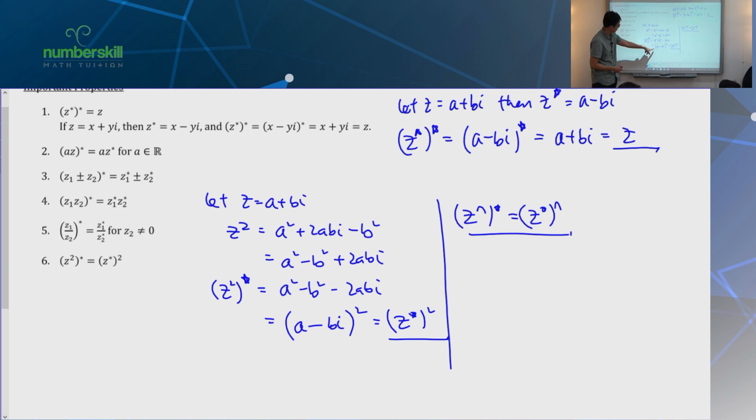Here to here, if you expand, you are going to get a square minus 2abi, which is this one, and then plus bi square. So bi square is minus b square.